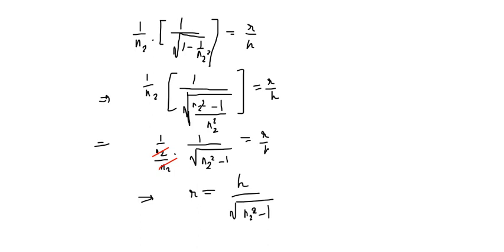So this is the radius of the base of the cone, and we can easily find out the area. Therefore the base area of the cone will be A equals pi r square.